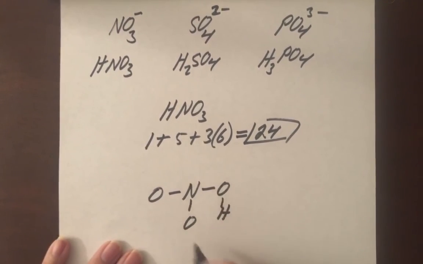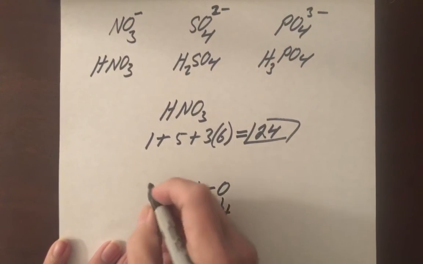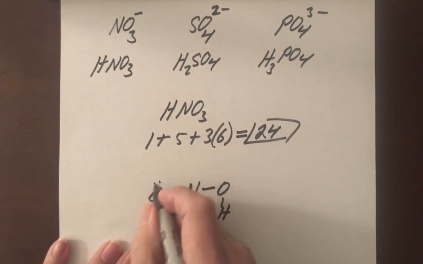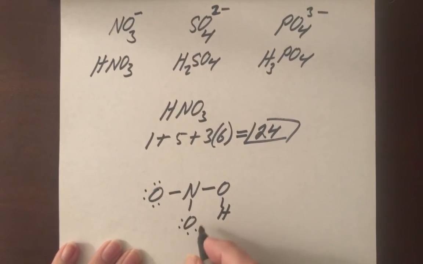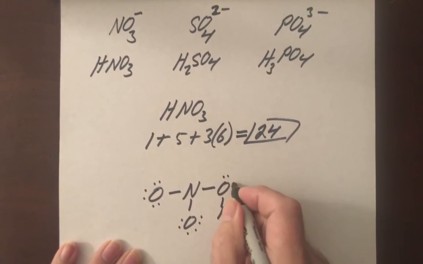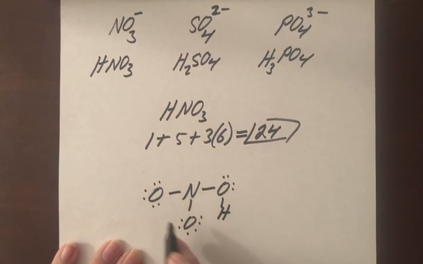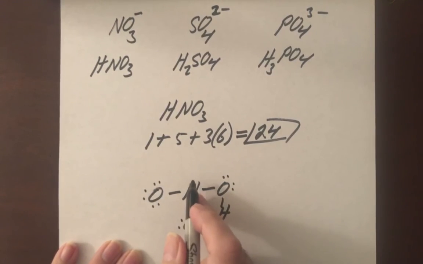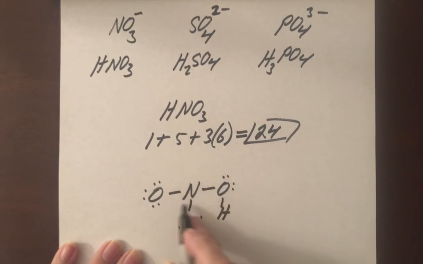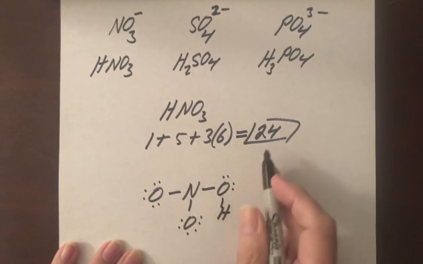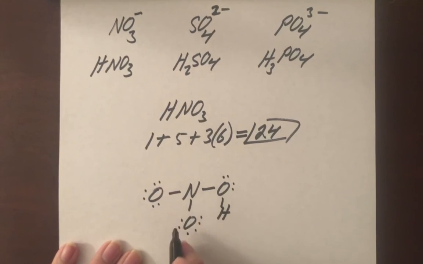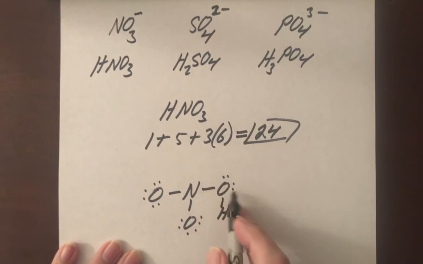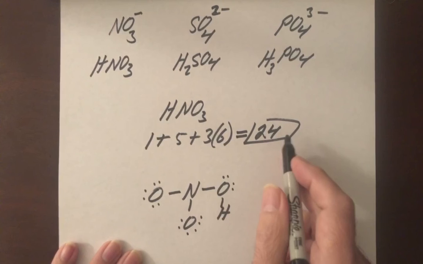Then we need to complete the octet. However, we'll have a little bit of a problem here. Now each of the outer atoms is surrounded by 8, and we would want to put another lone pair on the nitrogen to complete its octet, except we have now run out of electrons. So 2, 4, 6, 8, 10, 12, 14, 16, 18, 20, 22, 24. We only have 24 electrons.